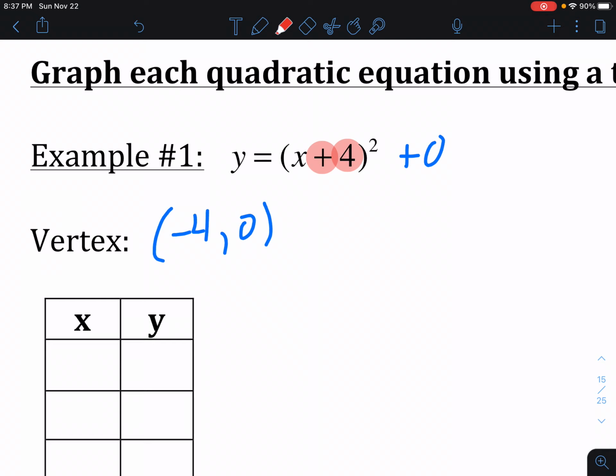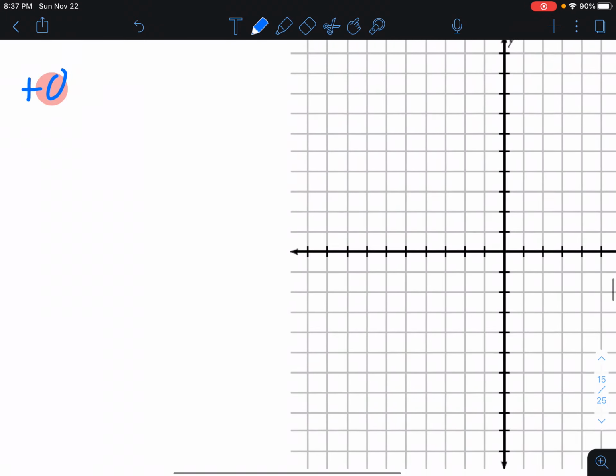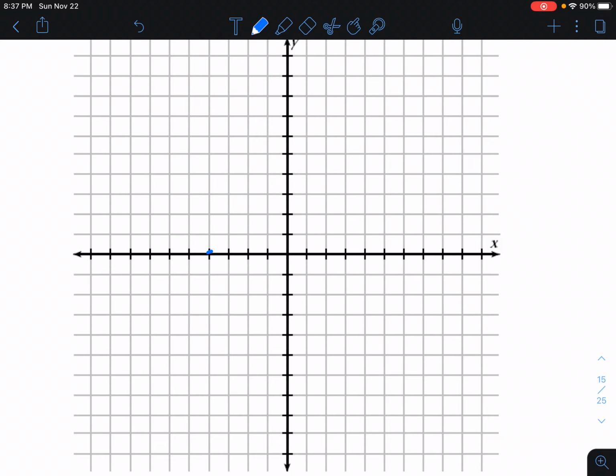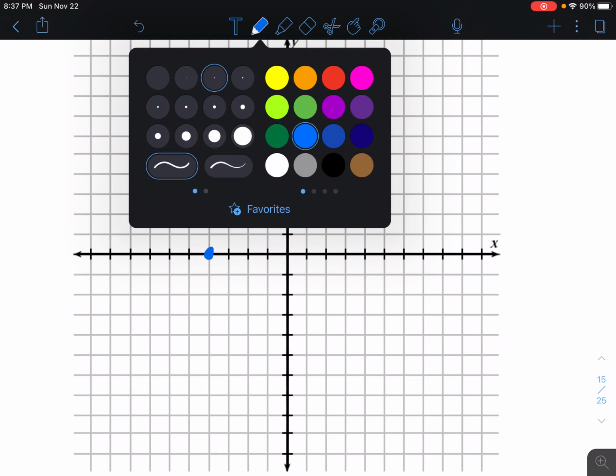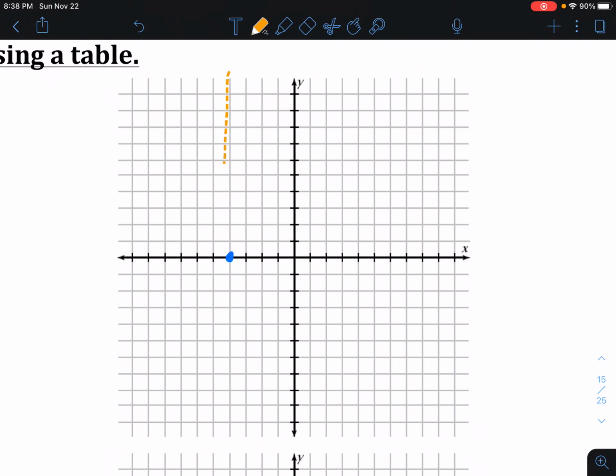And then the k, there's nothing at the end, so that k is a 0. So I'll plot that point now, negative 4, 0. And then I will draw my axis of symmetry that cuts through the vertex.